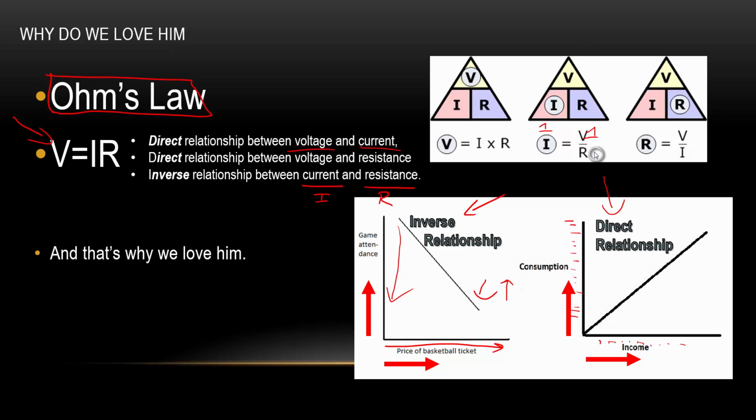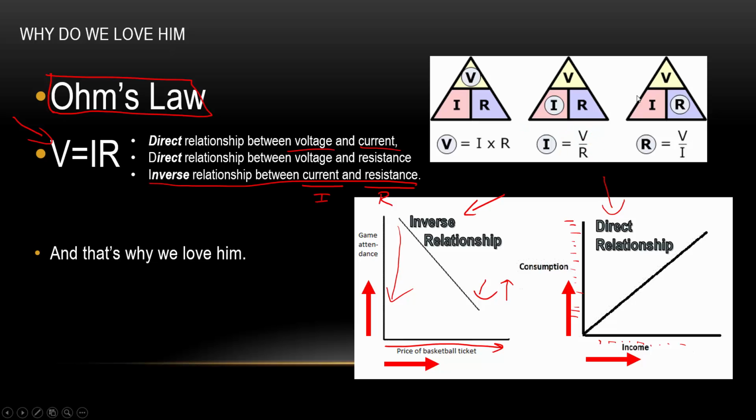Now let's say I increase my resistance to 2, okay? Now I don't touch anything with voltage here because remember the inverse relationship is current and resistance. So if I increase my resistance to 2, 1 divided by 2 is what? It ain't 1, it's 0.5. Okay? See how if resistance goes up, my current goes down.